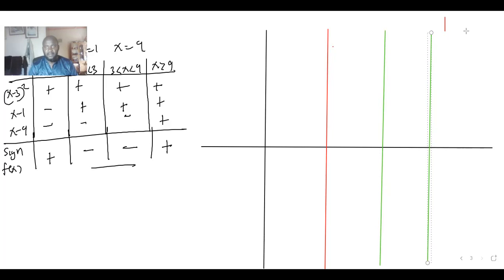Beyond 9, we have a horizontal asymptote, but before I go for the horizontal asymptote, this is the y-axis. This is the x-axis. This is 0. This is 1. This is 3. This is 9.